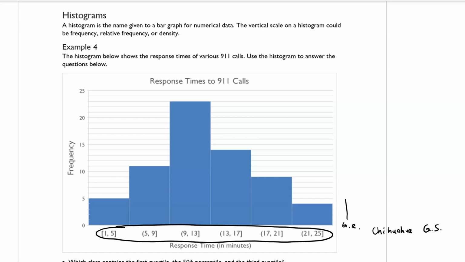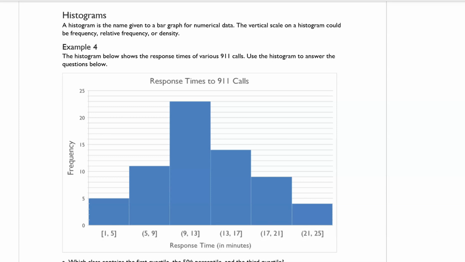So if I was measuring these things, it's just a golden retriever or just a chihuahua. Whereas with numerical variables, within each of the intervals, there's infinitely many values there. So we have to look at a range or an interval of values.